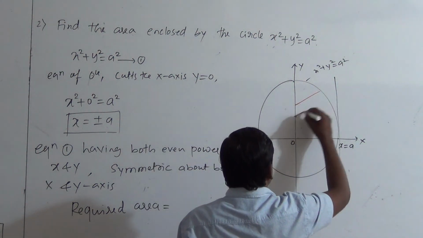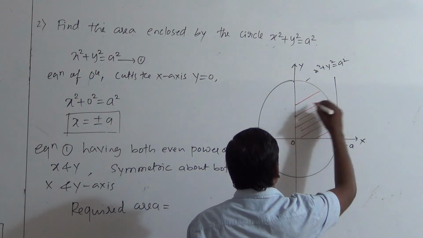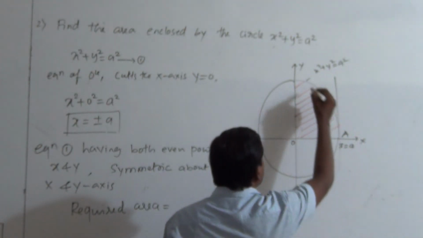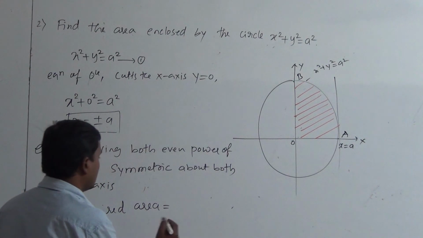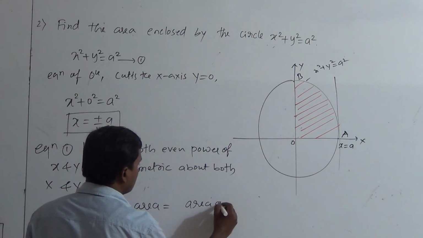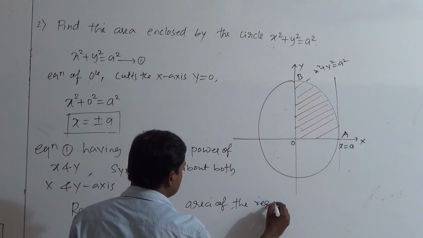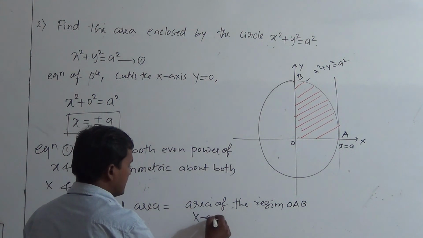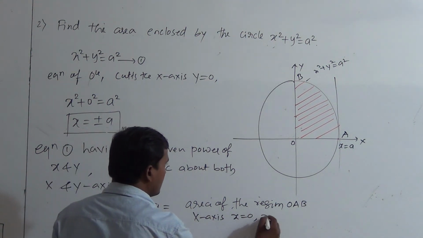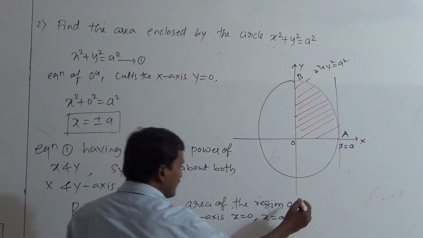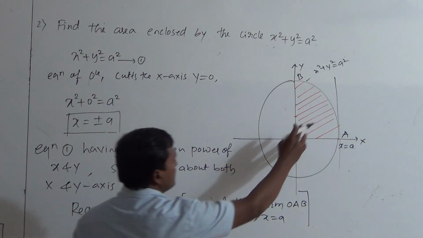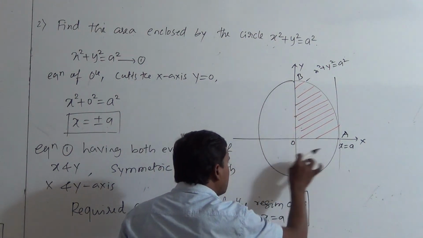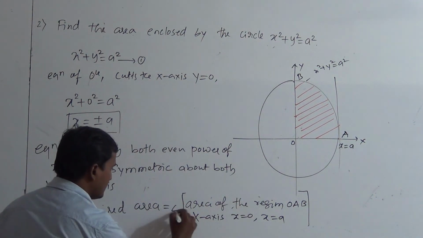Before finding the total area, I will first find this area, that is OAB, which lies on the x axis with the lines x equal to 0 and x equal to a. I will find this area and multiply by 4, so that I cover the total area of the circle.